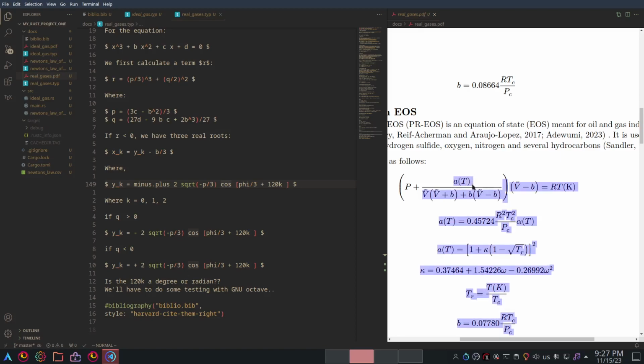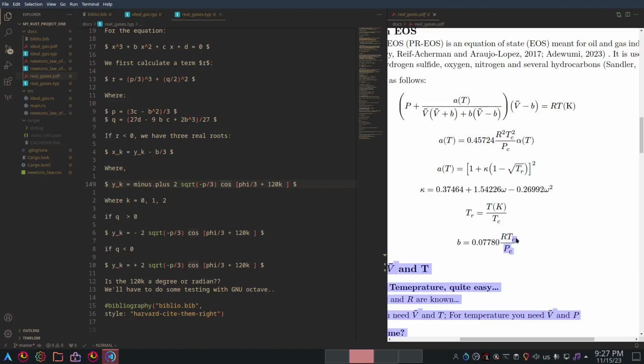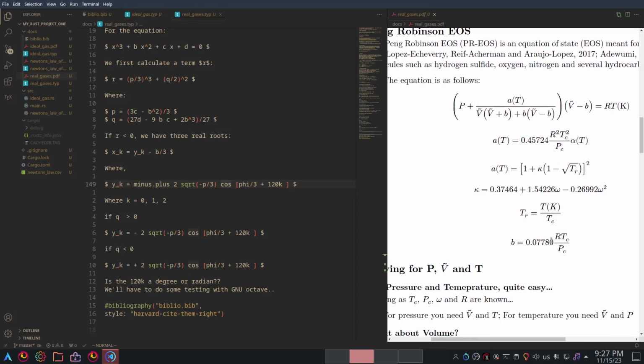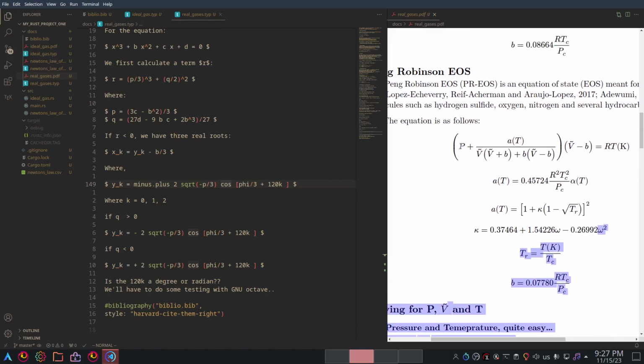You substitute the temperature, and you substitute both of these, and you find your B, because B is kind of constant, assuming you know the supercritical properties, and the eccentricity factor. You should be able to find the pressure given a temperature and a volume. So that one's the easiest. You don't really need to solve it. You just shift the factors to the right hand side and you'll be able to find your pressure.